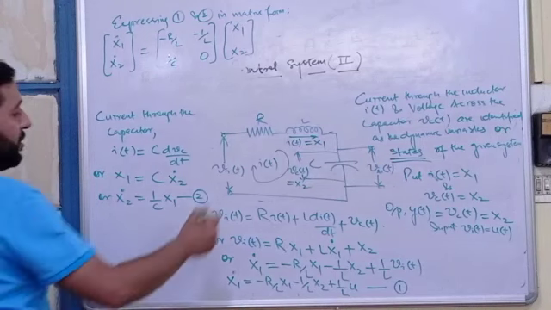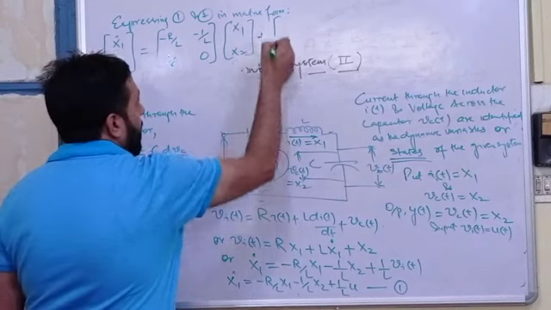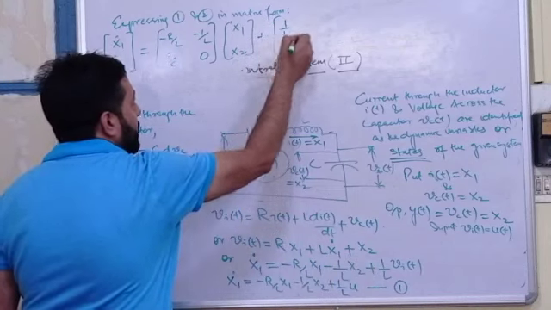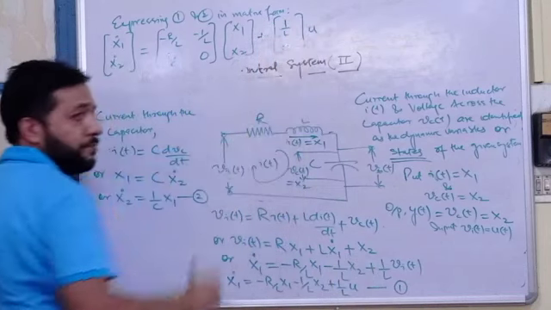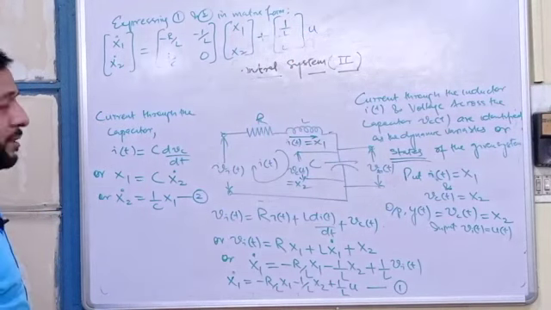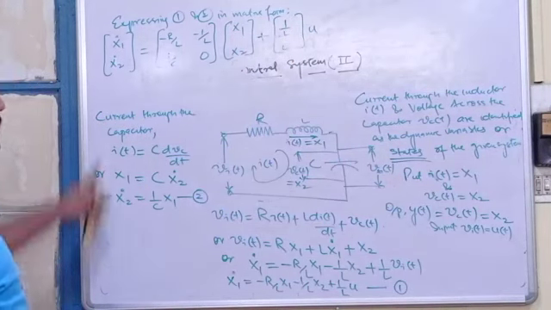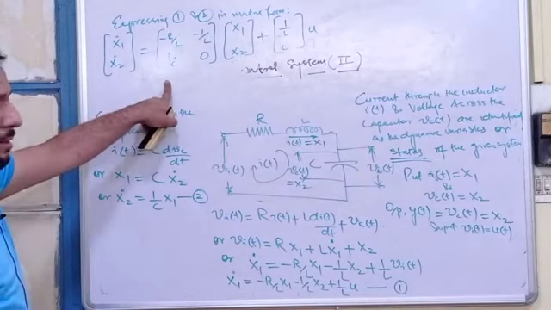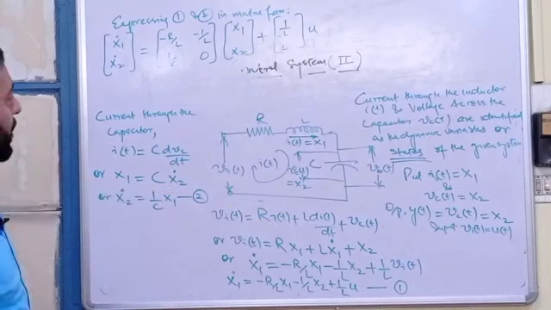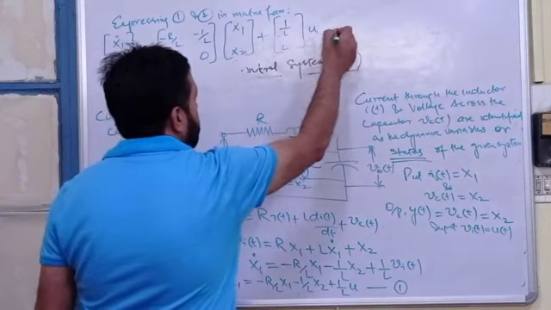Plus, in this equation there is 1 by L u also, so this is 1 by L, this is 0 and this is 0. So this becomes your state equation. This is only half of your model, I still have to write the output equation. This is the state equation.